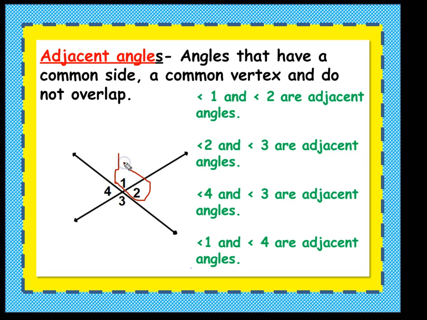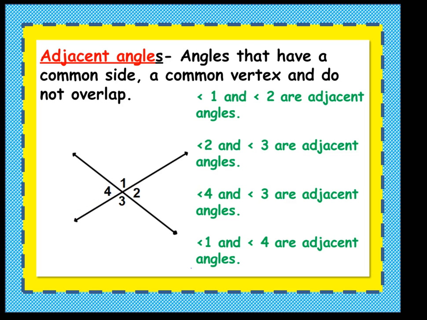So angles 1 and 2 are adjacent, angles 1 and 4 are adjacent, 3 and 2, 4 and 3. Those are all adjacent to each other, or next to. They share a common side, so angles 1 and 2 are adjacent to each other because they share this side. Angles 4 and 3 are adjacent to each other because they share this side.